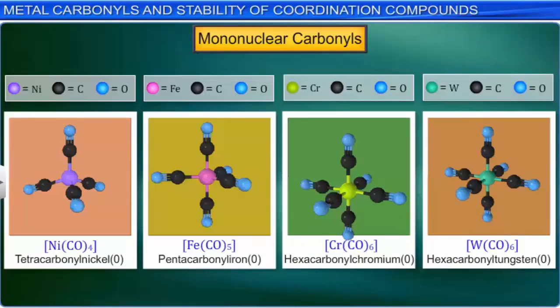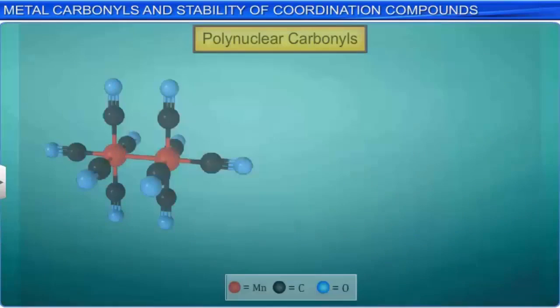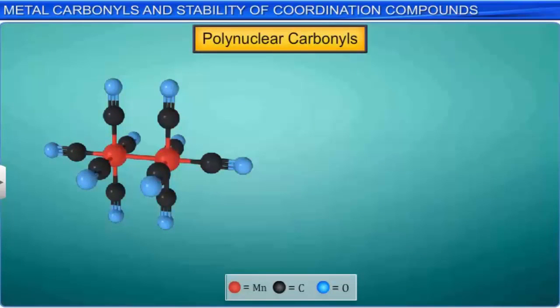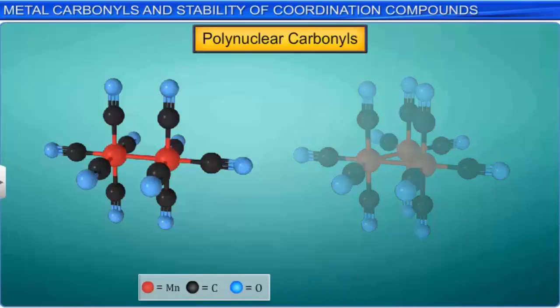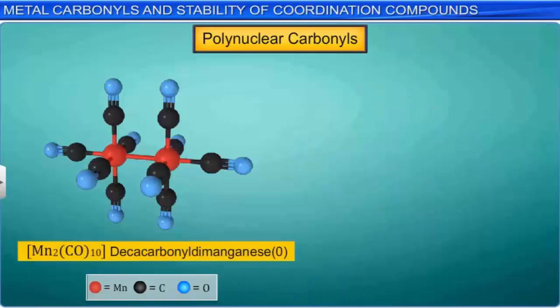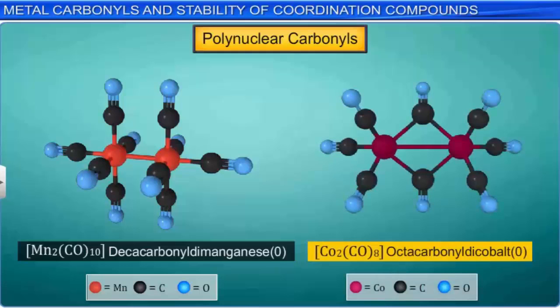On the other hand, polynuclear carbonyls contain two or more metal atoms per molecule. For example, decacarbonyldimanganese(0), octacarbonyldicobalt(0), octacarbonyldirhodium(0) and decacarbonyldirhenium(0).